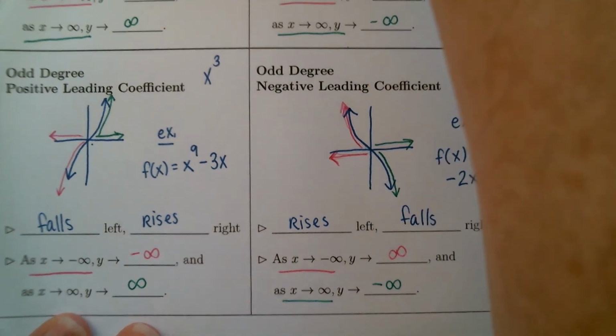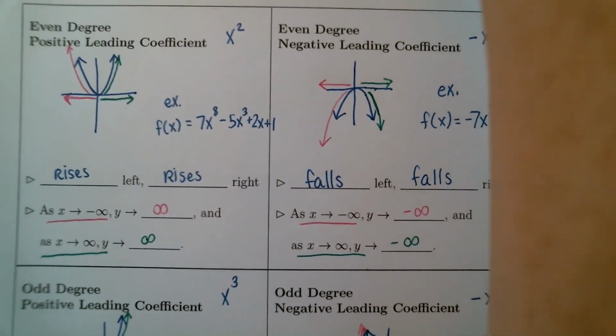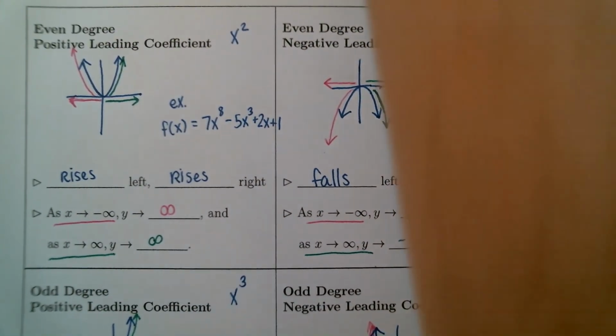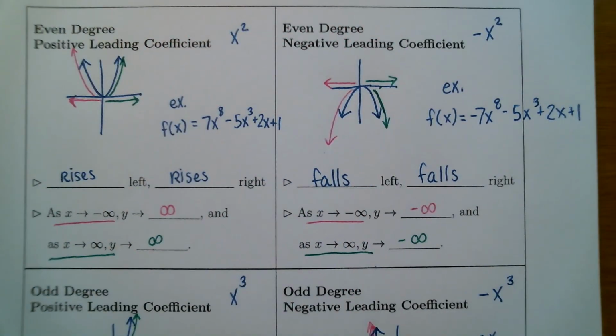So again, moral of the story is, there's only 4 situations that could possibly happen for end behavior. For end behavior, you need to look at the degree of the polynomial, whether it's even or odd, and you need to look at the sign of the leading coefficient.